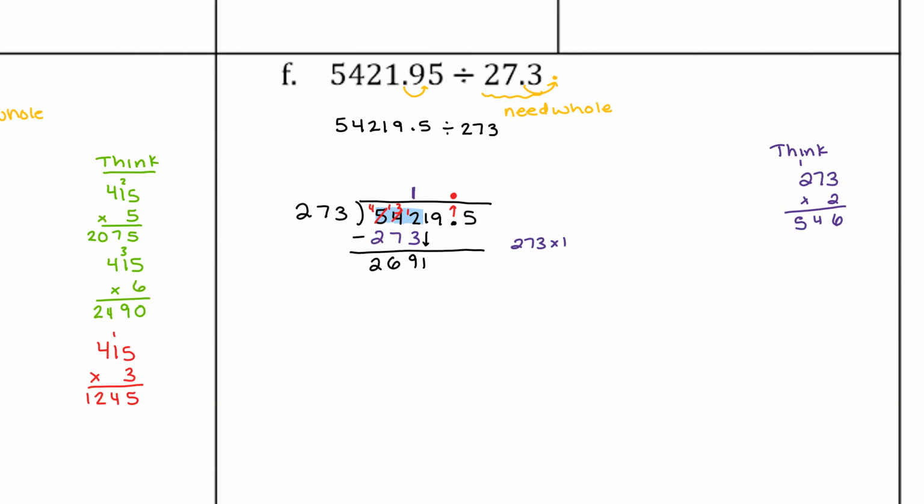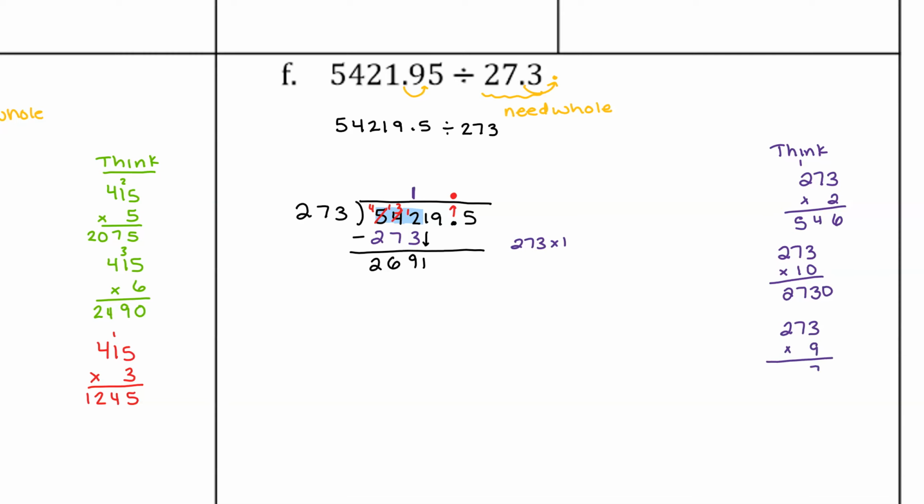Now, you know some facts about multiplying by 10. So you know 273 by 10, you don't even have to do the work. It'll make 2,730. And that's too big. So odds are I'm going to have to multiply by 9. So let's do it over here. 273 times 9.